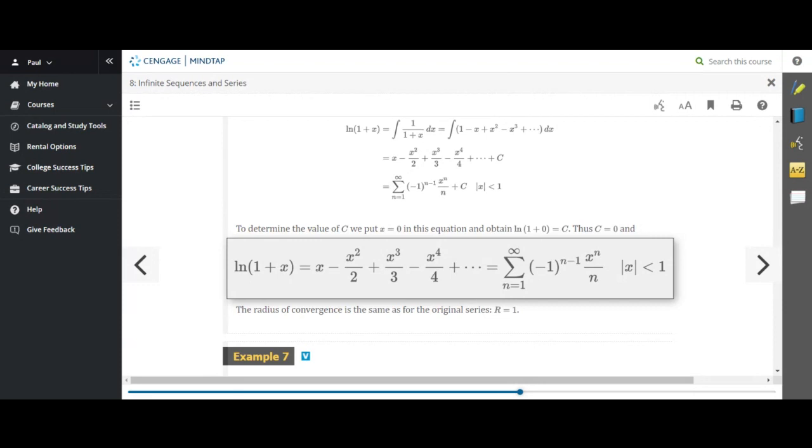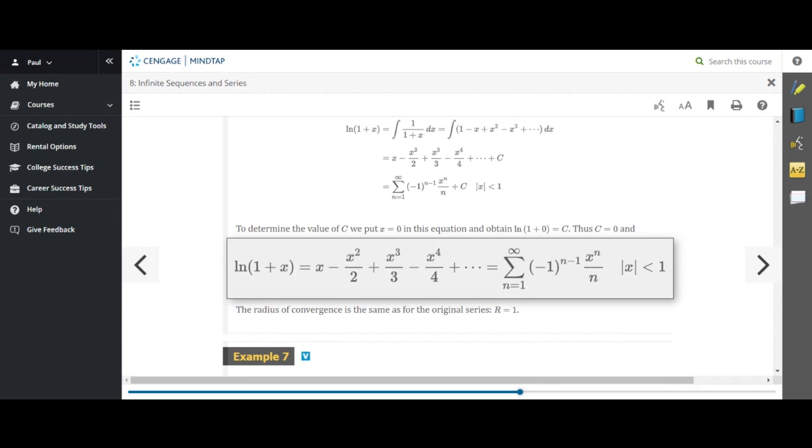Remember, you'll have access to those formulas on the final exam, so you don't need to remember them. But we're going to use them for the next example. I want to make use of this power series for the log of 1 plus x. And incidentally, the interval of convergence is the absolute value of x is less than 1.